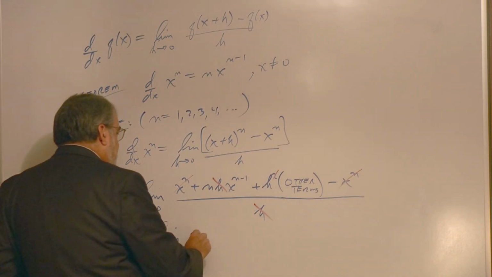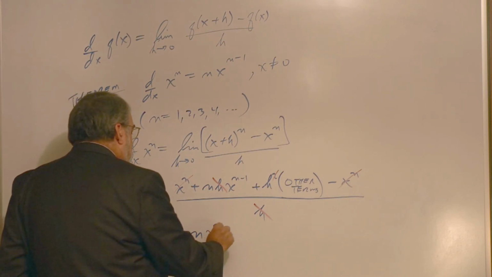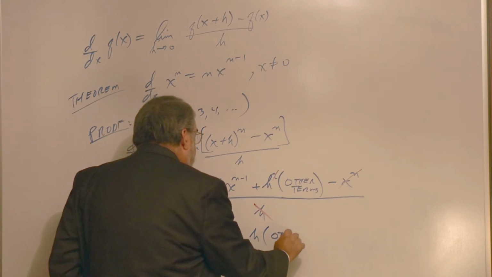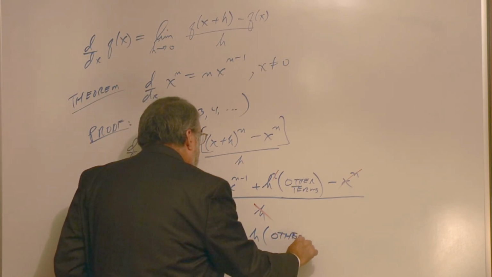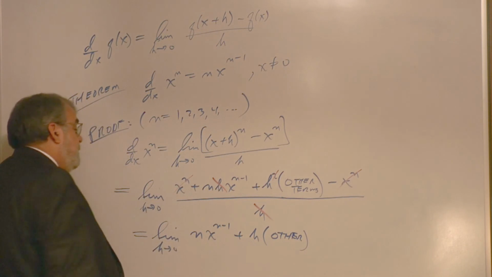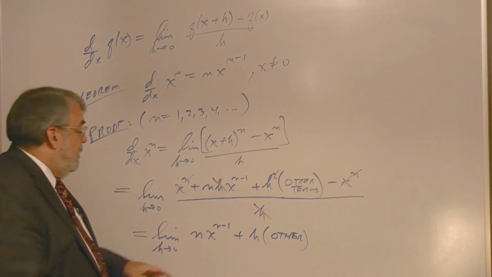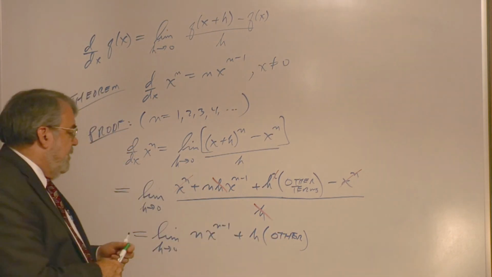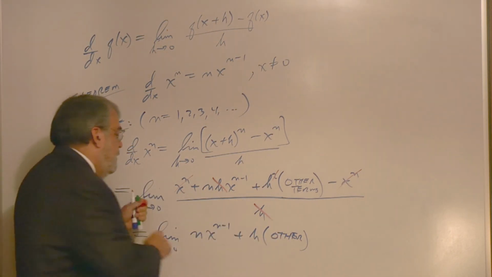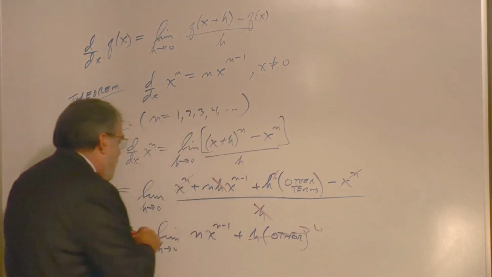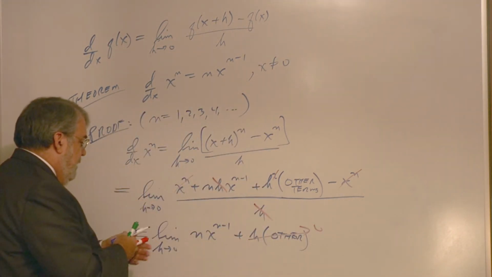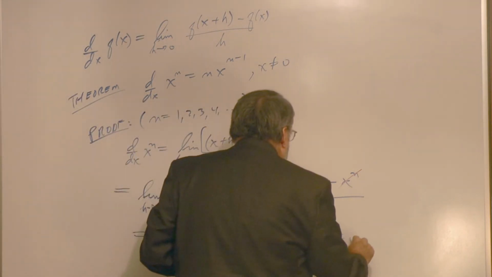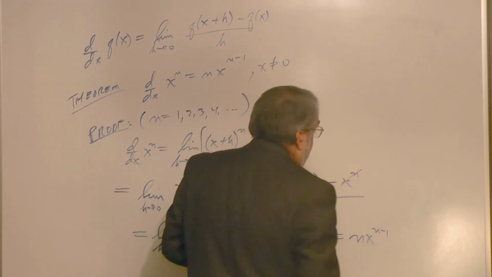I've got n x^(n-1) + h times other stuff. I'll just call it other. And as h goes to 0, we don't know what that's going to be, but 0 times it's going to be 0. So this part goes to 0. And now we're done. The only thing left standing is n times x^(n-1), equals n x^(n-1).